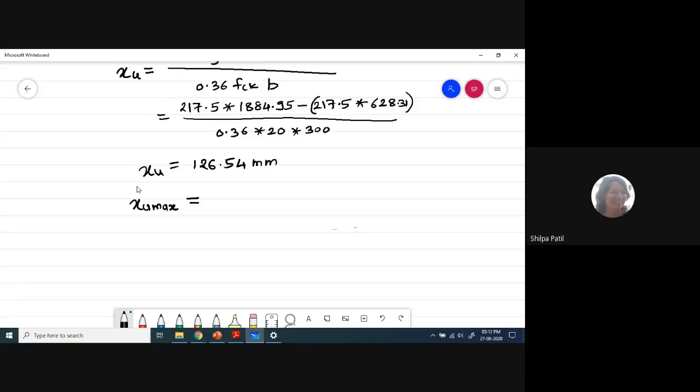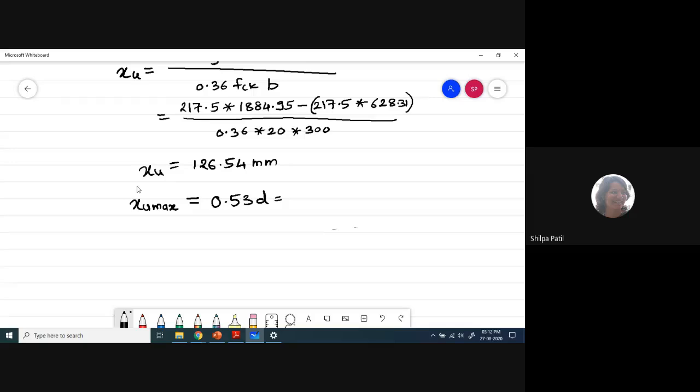Refer to those values. XU max depends on the grade of steel only. So if you know the grade of steel, you can easily find out XU max. It is 0.53 into D. Correct. Make use of the code. Have a habit of using the code always. Don't need to mug up the values.